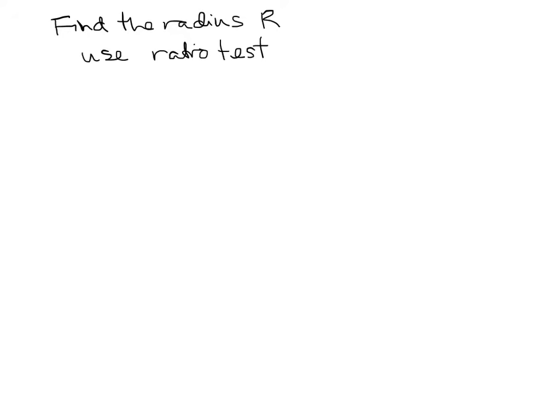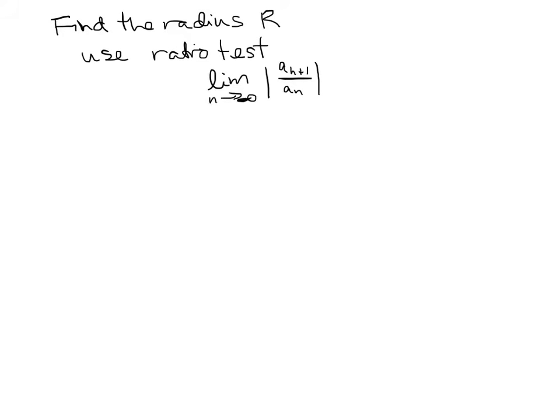All right, so let's talk about finding the radius. To find the radius of convergence r, we are going to use the ratio test. So if you look back at the ratio test, it had this limit as n approaches infinity of a sub n plus 1 all over a sub n.